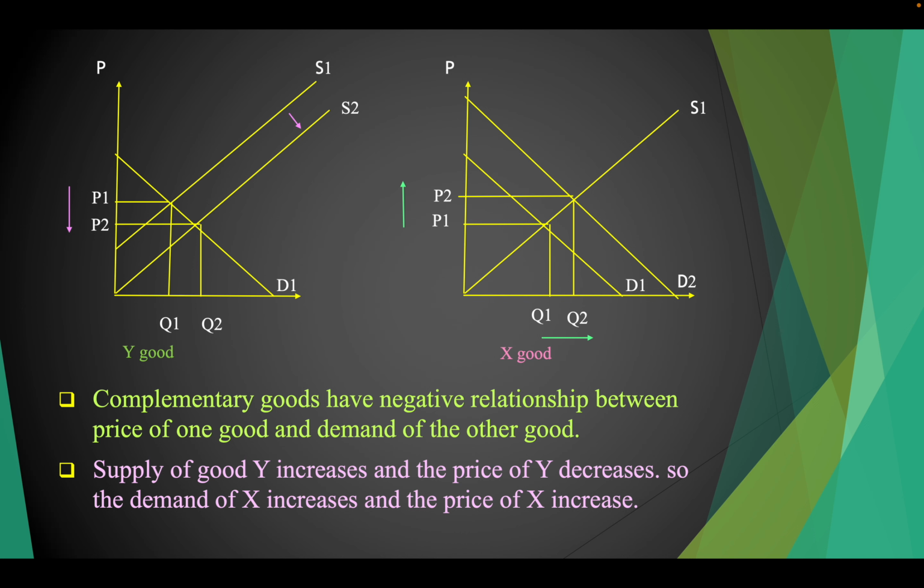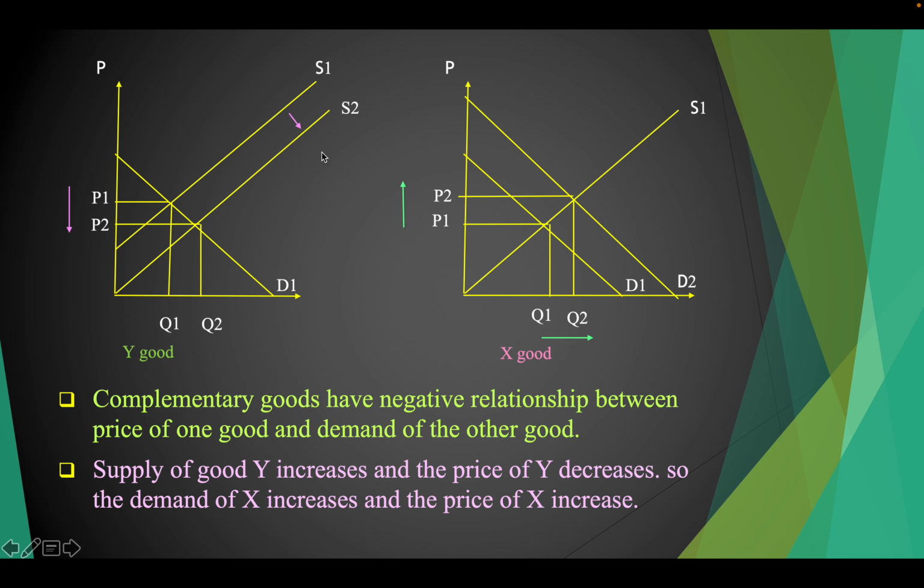for complementary goods, there is a negative relationship between one good's price and the other good's quantity. So we have to be concerned with one good's price and the other good's quantity. So here one good is good Y. Then the supply is increasing. When the supply increases, it shifts rightward.